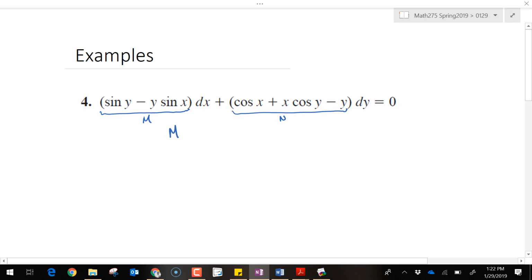So we want M_y and see if that's equal to the derivative of this with respect to x. Derivative of sine is cosine. And here, y times sine x, don't use a product rule, right? It's just y. Sine x is a constant. What's the derivative of y? 1, so that's just sine x.